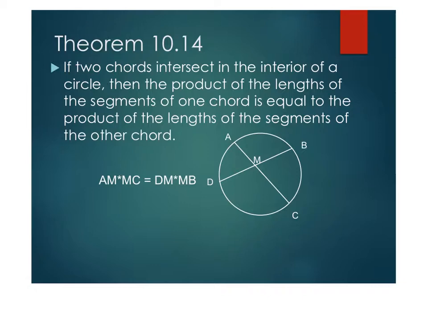I'm saying their products are equal. So again, you're doing AM multiplied with MC, and then DM multiplied with MB, and their products are going to be equal.